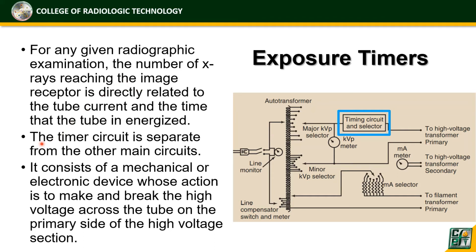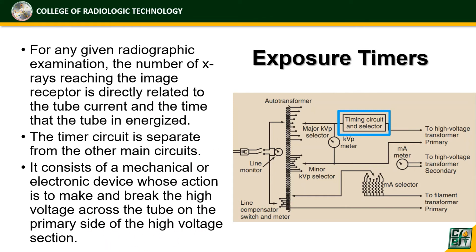So the timer circuit is a separate circuit from other main circuit. So it consists of a mechanical or electronic device whose action is to make and break the high voltage across the tube on the primary side of the high voltage section. So yun ang kanyang primary function.